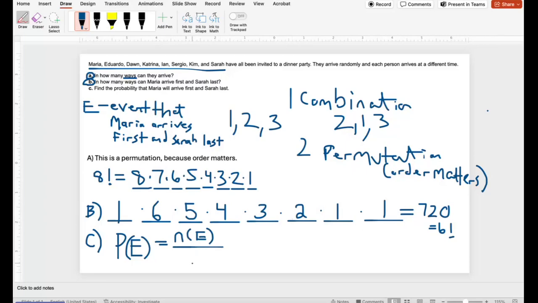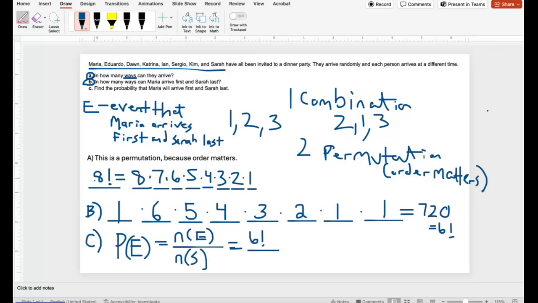And that's going to be divided by the number in the sample space. We'll just say S for sample space. So all of the different permutations, all the different arrangements. So for the top, for part B, it was actually 6 factorial. And I'm writing it this way on purpose because I want to show you how to simplify if you don't have a calculator.